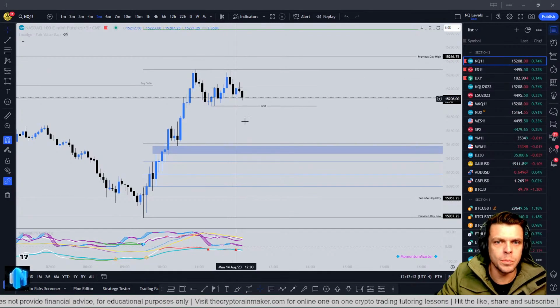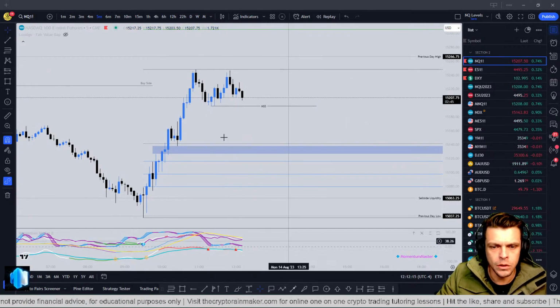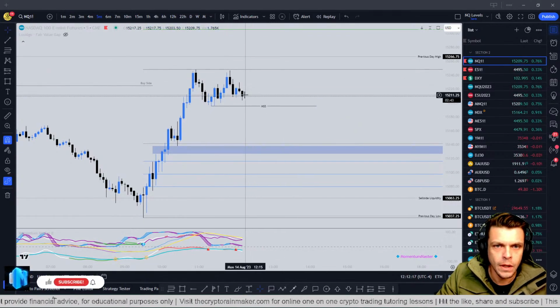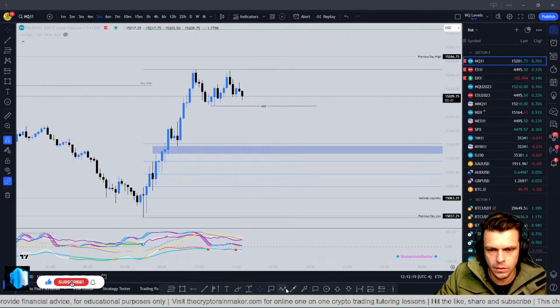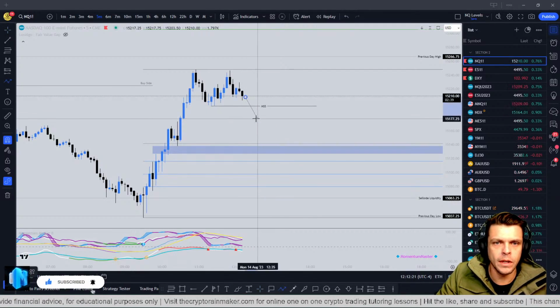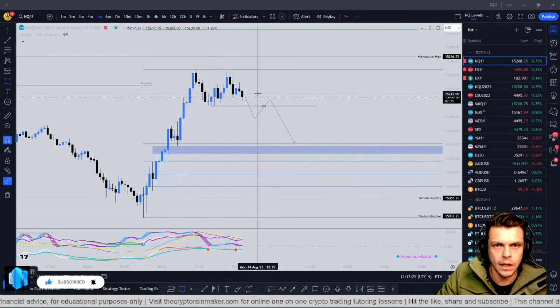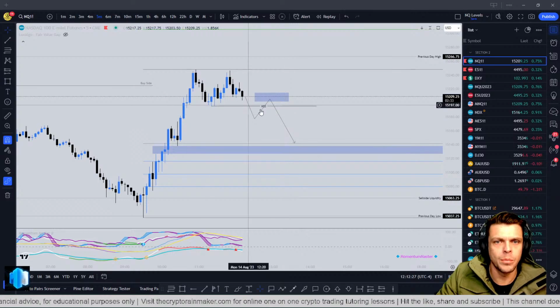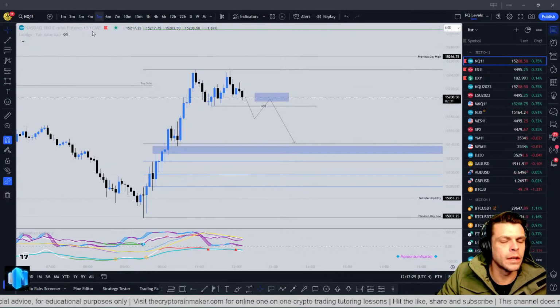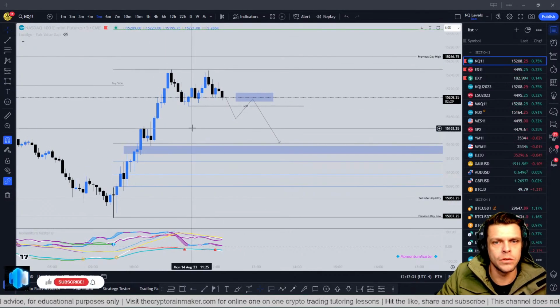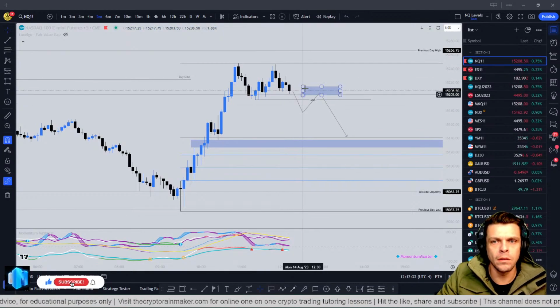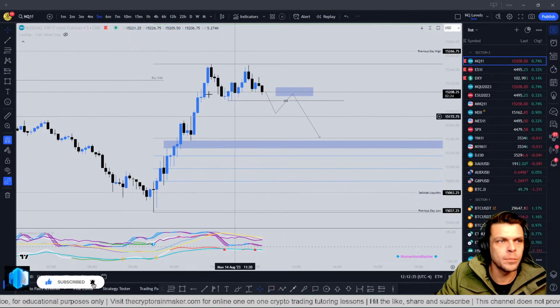So if we get displacement below this low, what I mean by that is if we take out this low, we want to see a fair value gap print, and I'm looking at the 5-minute for this to happen. So if we break down, we get the fair value gap.